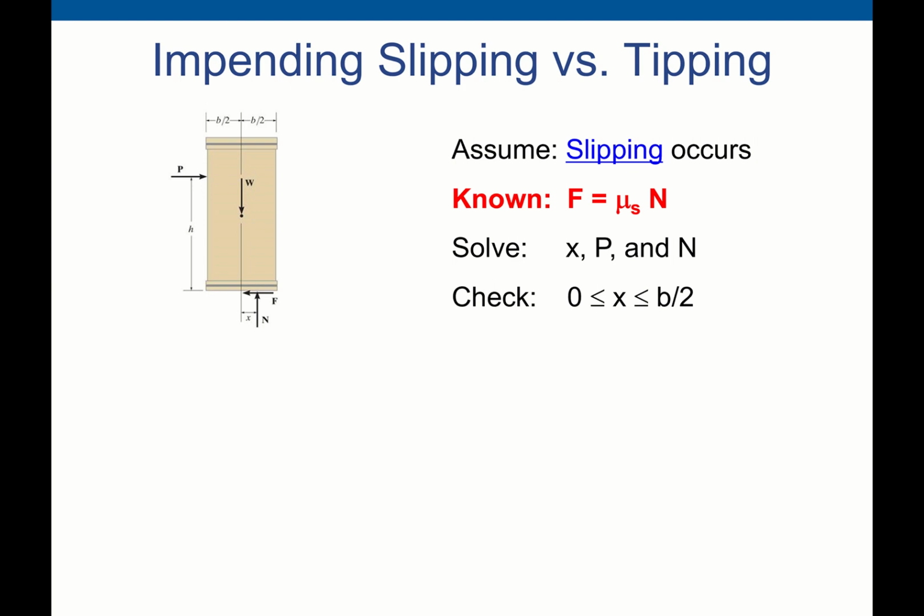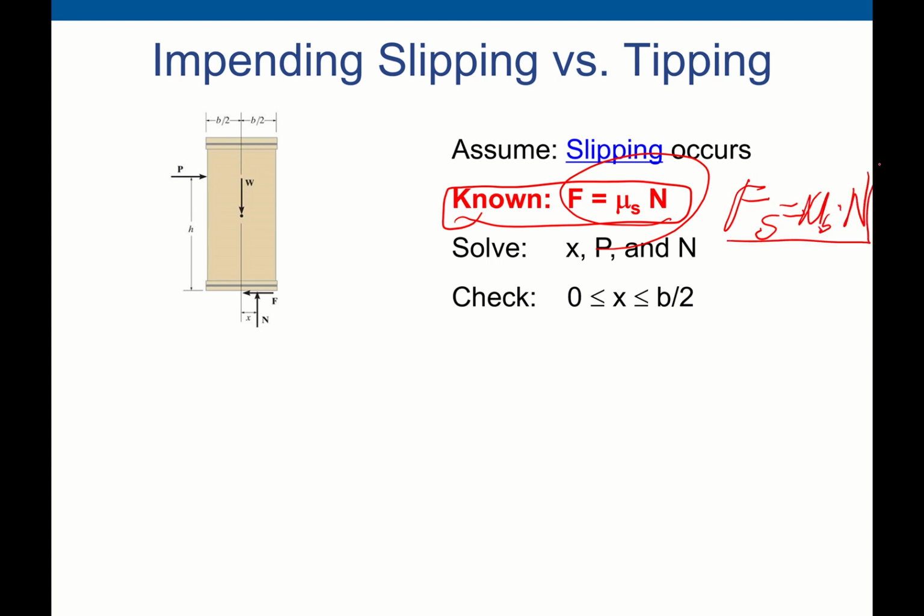Again, first things first, when we solve the problem, we have to assume whether this one will slip or tip. If you assume this one will slip, then you use the friction equation. The friction equation means your frictional force has reached the maximum frictional force, which is the static frictional force, mu s times the normal force.